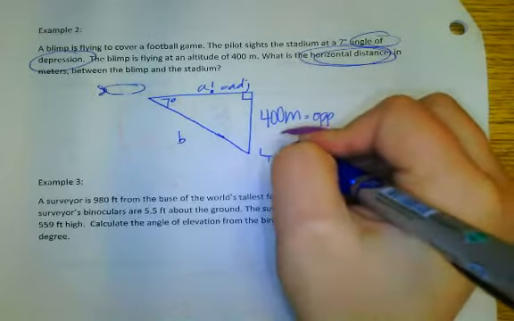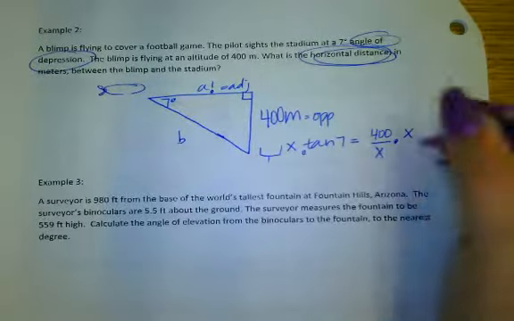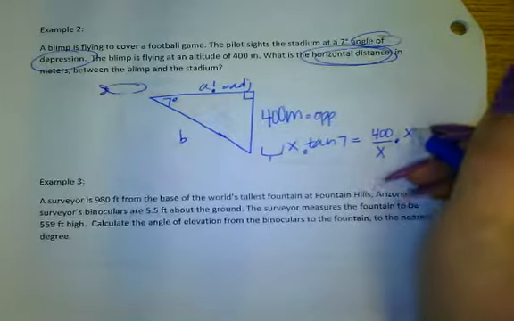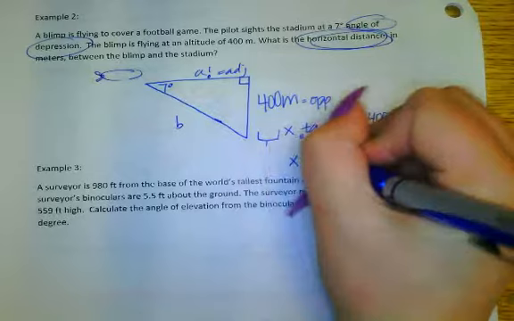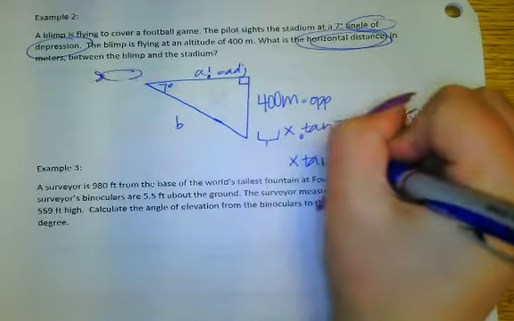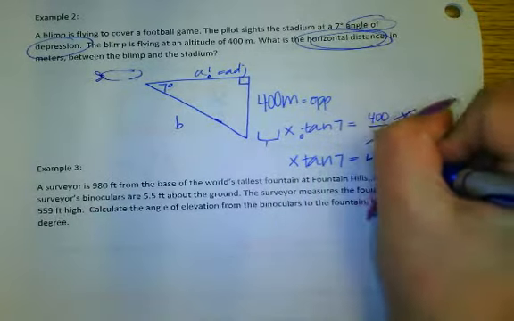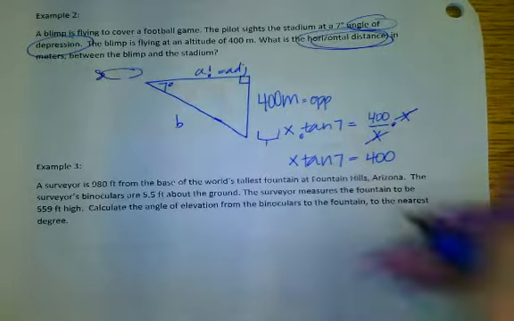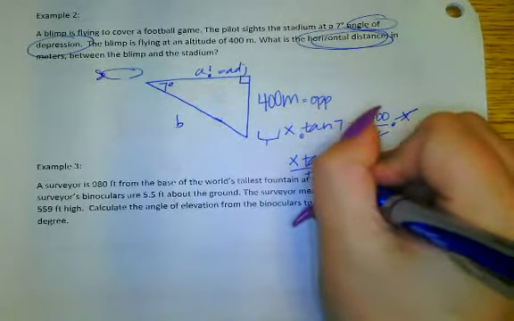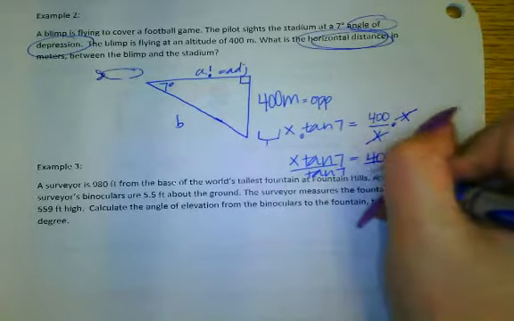You will have to do this on your quiz. Okay, so now those cancel, and I'm left with x tangent of 7 equals 400. Then what? Divide by tan 7, because now you're trying to get x by itself.